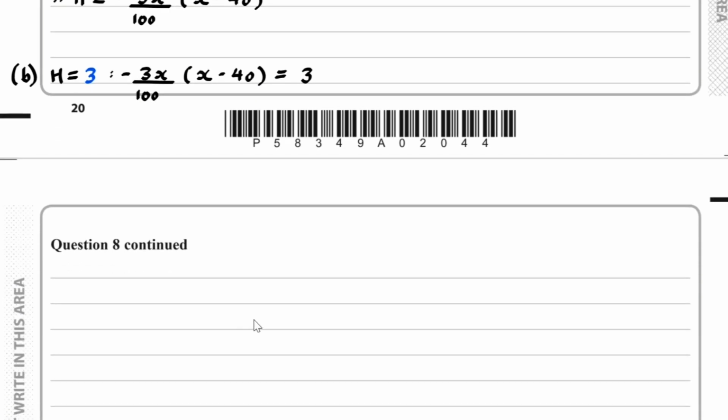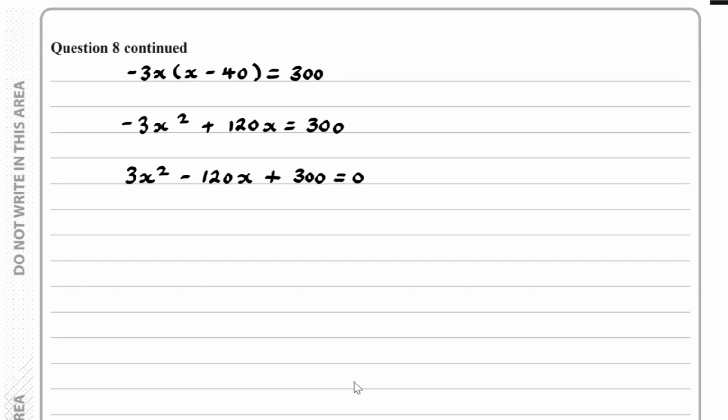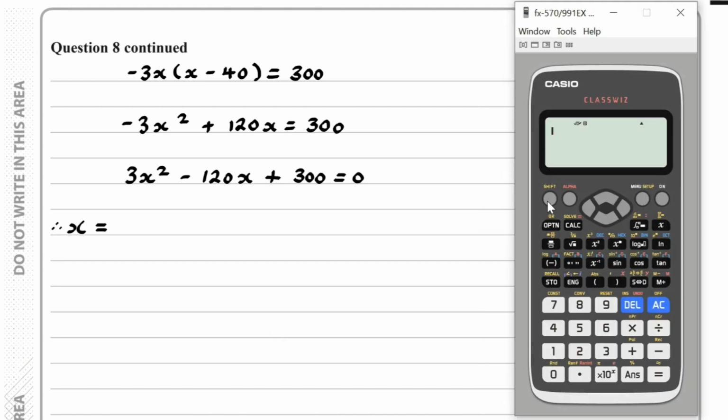And so if I rearrange, we have negative 3x times by x minus 40 equals 300. Negative 3x squared plus 120x is equal to 300. So 3x squared subtract 120x plus 300 is equal to 0. And with this we can find out what the values of x are. And let's simply use our calculator.